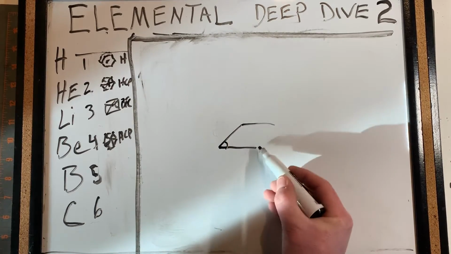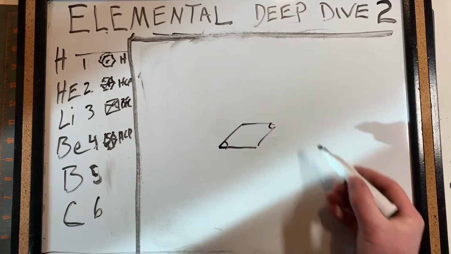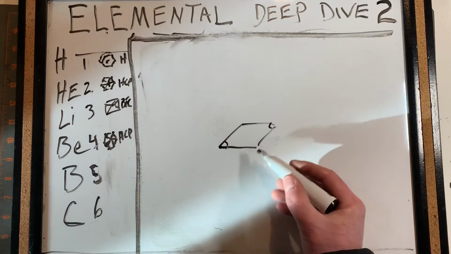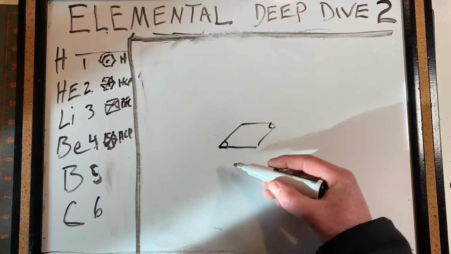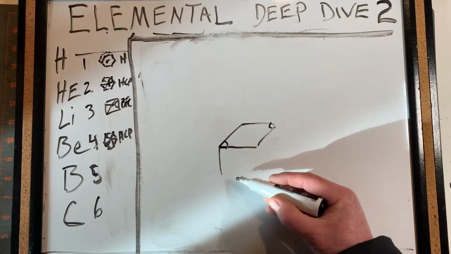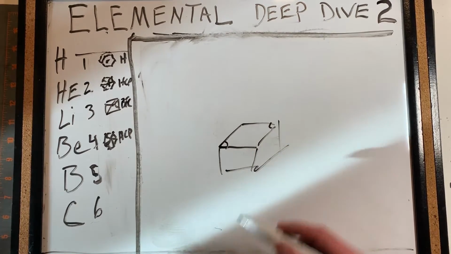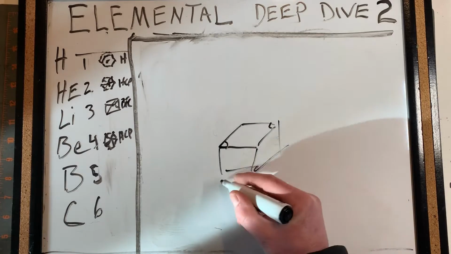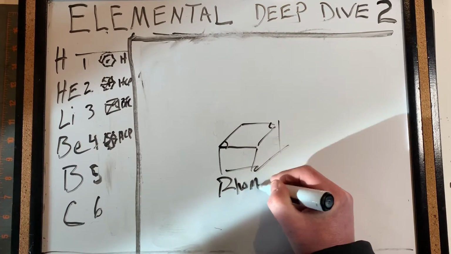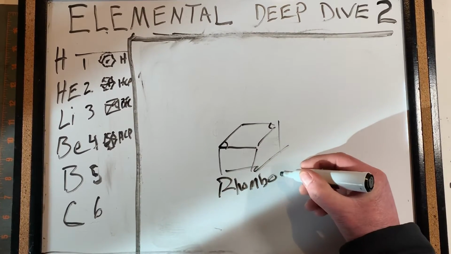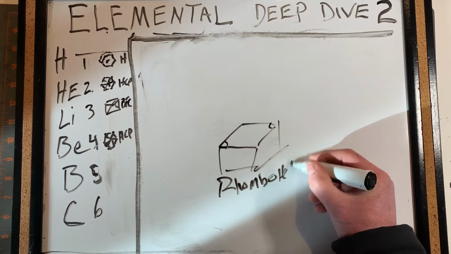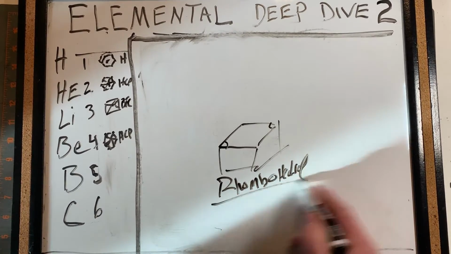And because of that, we end up having this diamond shape. If you try to draw it in 3 dimensions, everything has to have this weird skew, so I won't do it justice, but go look up the rhombohedral.